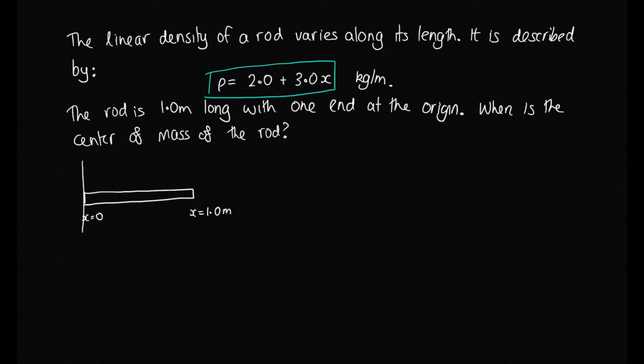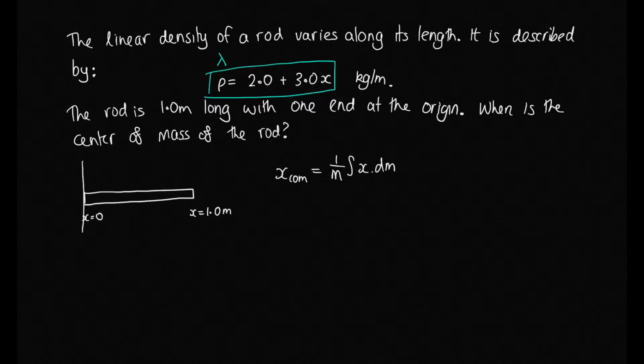Now this is a linear density, so sometimes you may see it written as a lambda instead of a rho, but that's just a notation thing. Either one of those is fine. So we've said that x for the centre of mass is equal to 1 over M, where capital M is the total mass, times the integral of x dm.